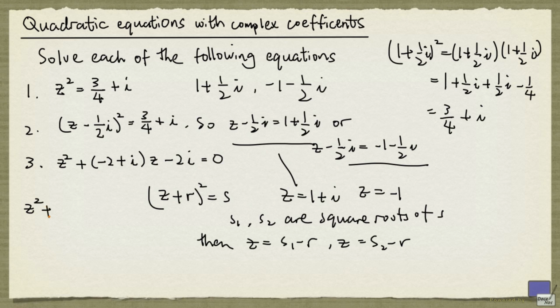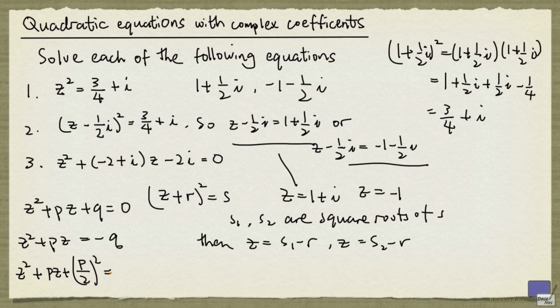So suppose we start off with an equation that looks like this, where p and q are complex numbers. Now we subtract q from both sides, we get this. And the method of completing the square tells us that I have to add (p over 2) squared to both sides of this equation.